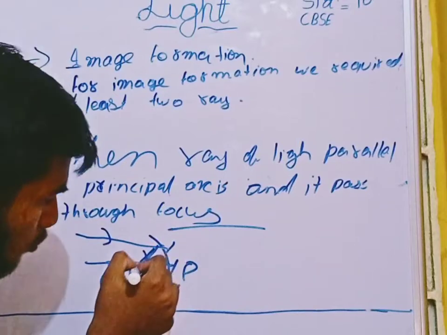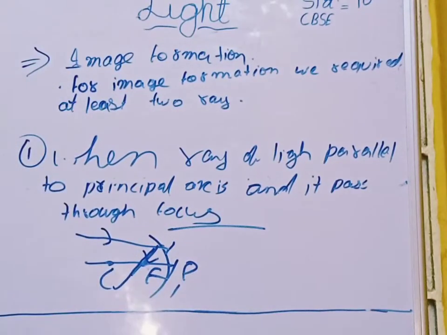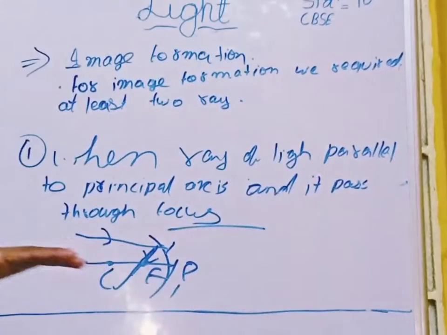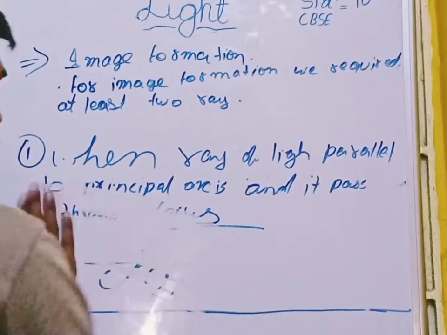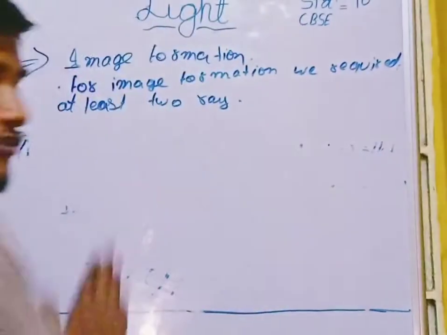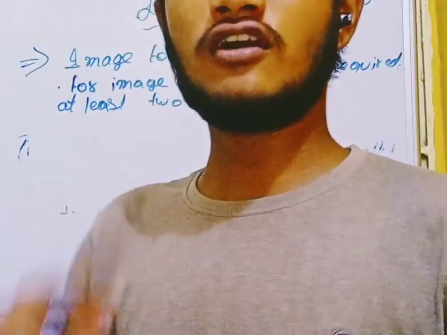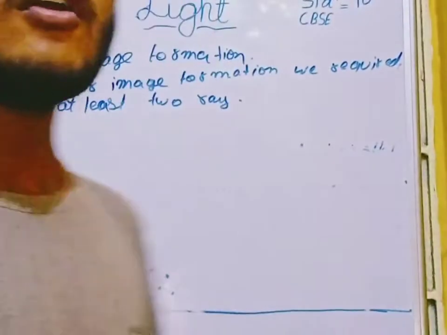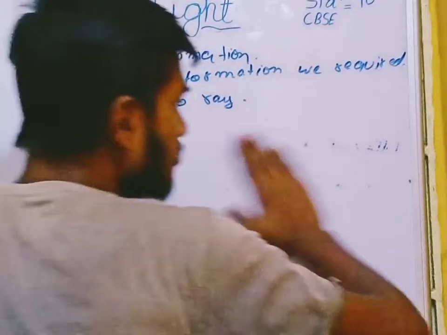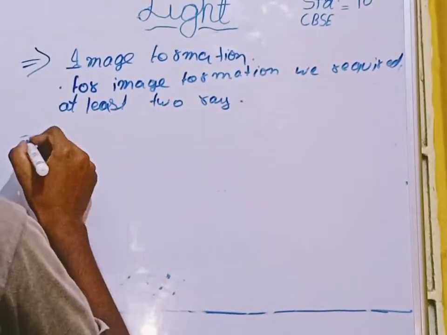After reflection it passes through the focus. The first rule states that whenever a ray comes parallel to the principal axis, it passes through focus.